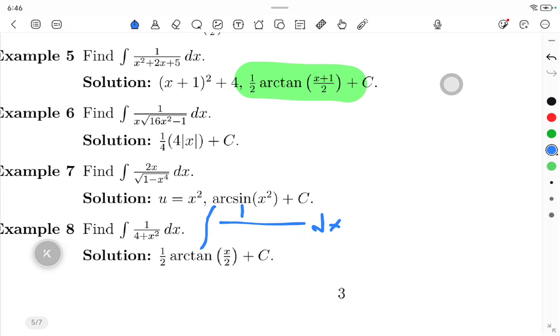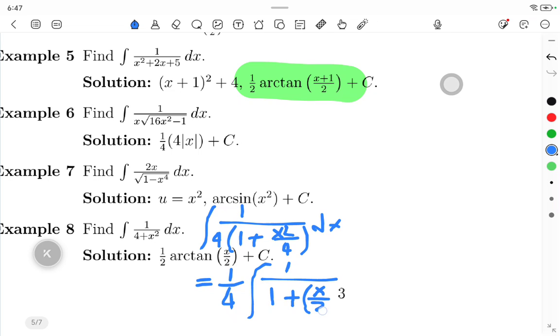So here we're just going to factor out the 4. I think I enjoy this one more because you get to apply everything that you're working with. So this will just be 1 over 1 plus x over 2 squared dx. And remember I said that once you come here, you recognize your constant inside there.